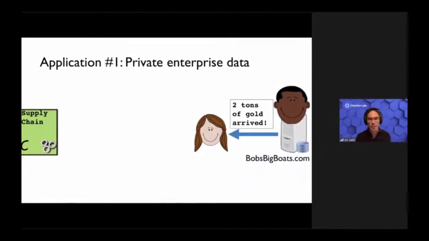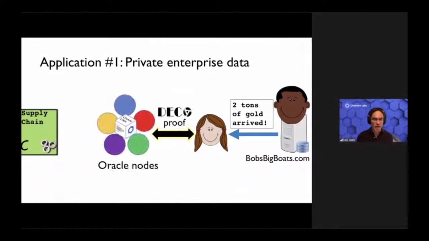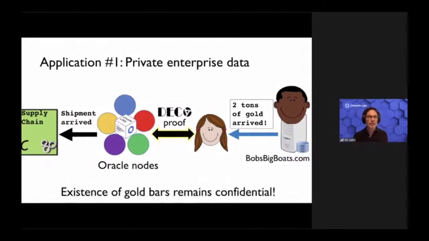She logs into Bob's website, executes DECO with the Oracle network to prove that the shipment specified in that critical value C has arrived, and that's it. And you'll observe that, again, because of the use of zero-knowledge proofs here, we can completely conceal the existence of the gold bars, conceal all the critical shipping details.